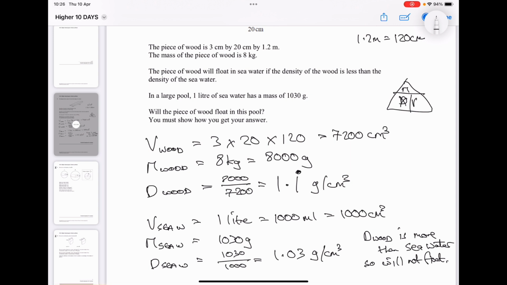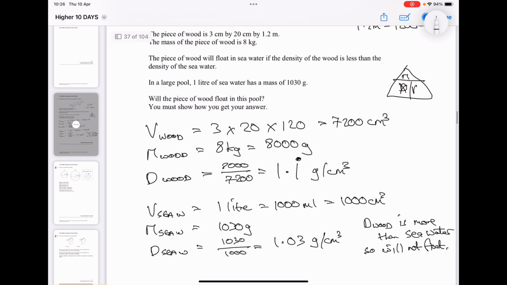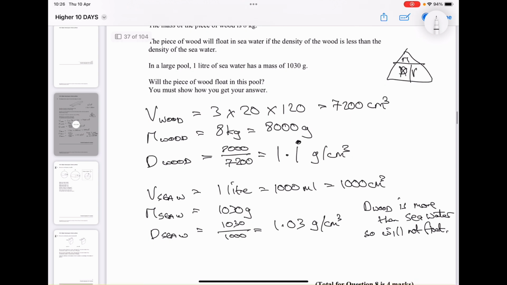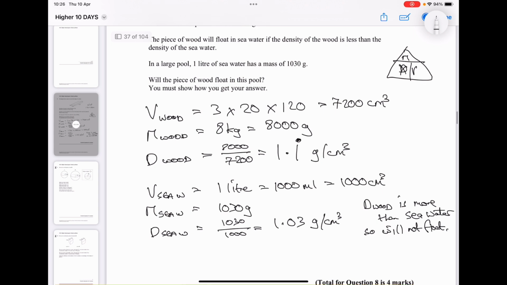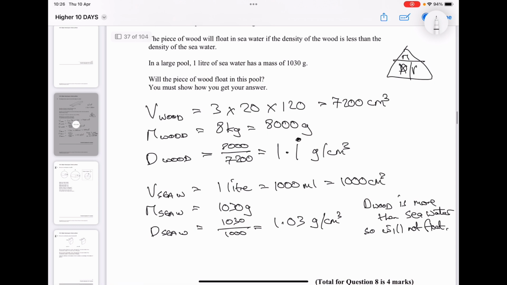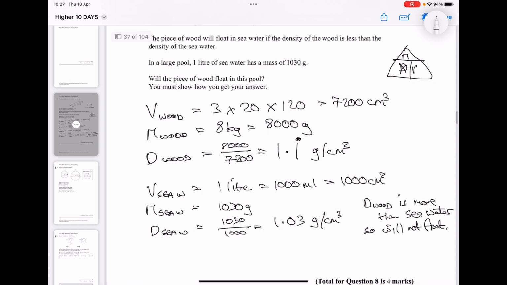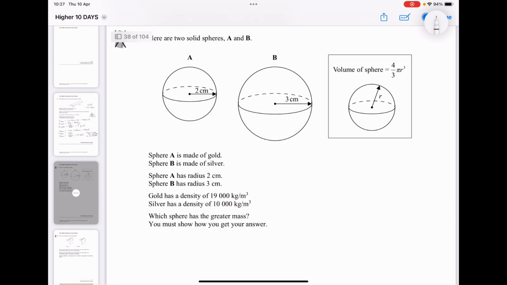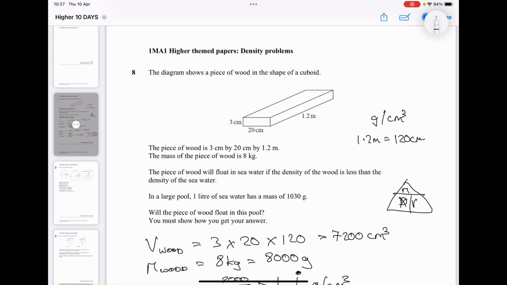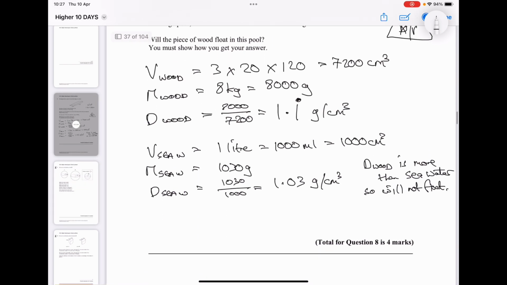Yeah, those calculations are right. Yep, the calculations look right. We'll have to go with it. So the answer was, will not float.